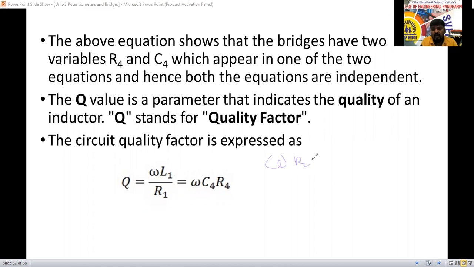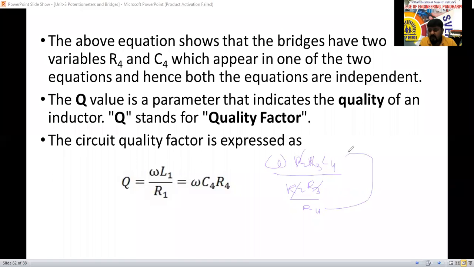Omega L1 equals R2 R3 C4, right? Next, divided by R1, and what is the R1 equation? R1 is R2 R3 divided by R4. So R2 R3 gets cancelled, and 1 by R4 remains.